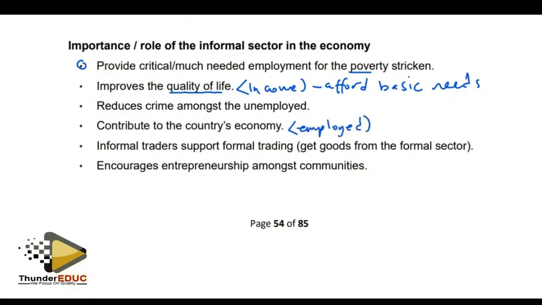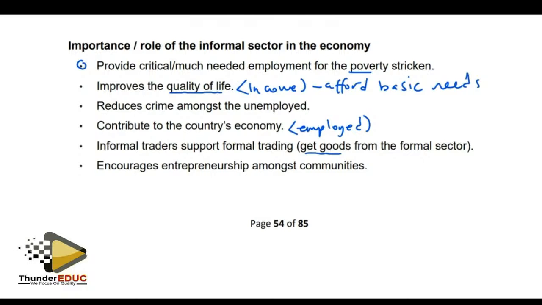And informal traders support formal trading, where they get goods from the formal sector, because nowadays I see a lot of people selling chicken livers, chicken feet by the roads, meaning that at the end they are buying that from those formal shops. Even hairdressers, they buy from formal shops, and at the end sell them as informal businesses.